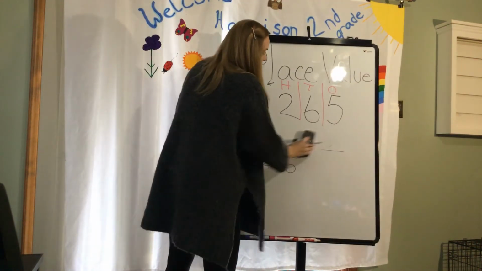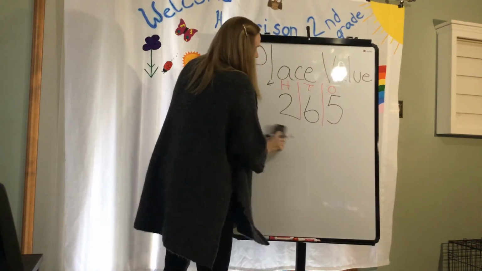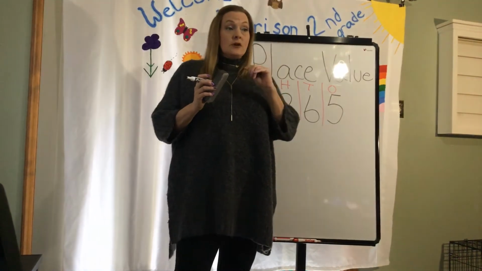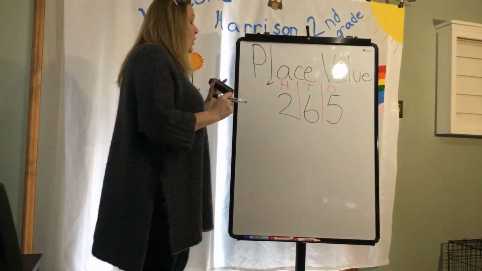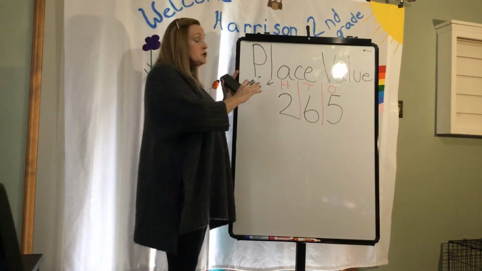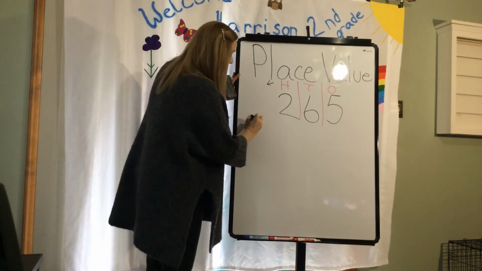Now, what if I asked you for the written form? Okay, that means that it's in words. We're using letters to write out the number. All you do is write it just like you say it. 265. So I would write 2.